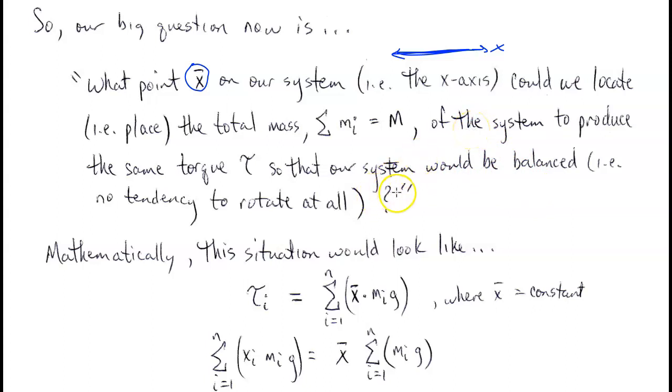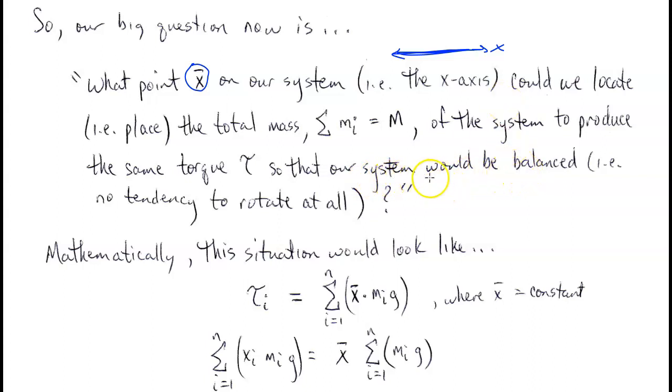Okay. So I'll read that again just to make sure that it's clear. So what point x bar on our system could we locate the total mass of the system to produce the same torque so that our system would be balanced?